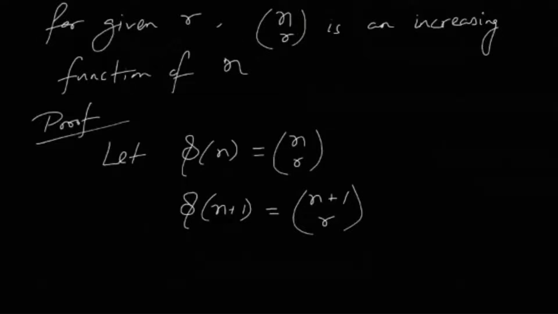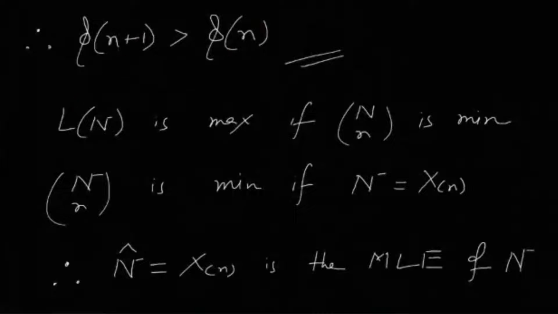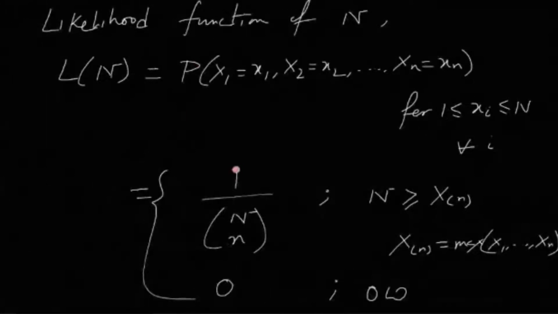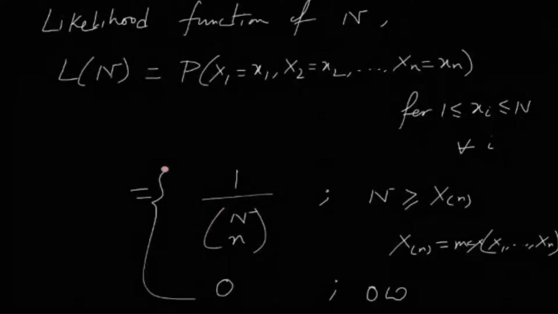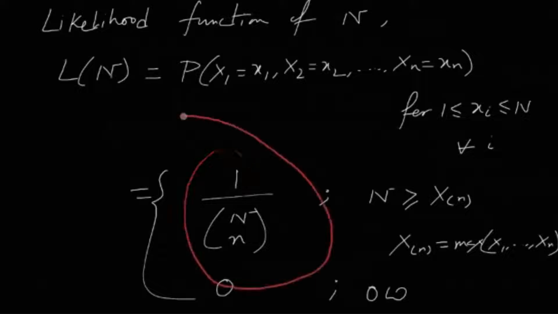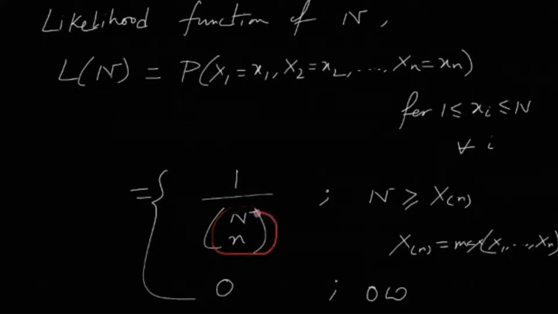So this likelihood function L of N is maximum when this denominator is minimum, since it is the reciprocal. This is N choose n, where small n is fixed, the sample size.